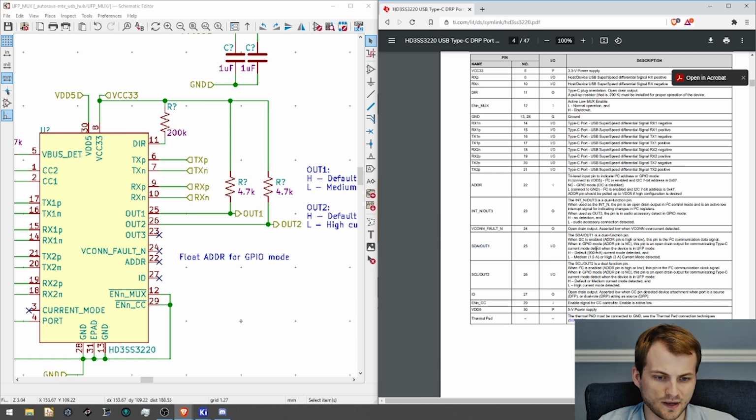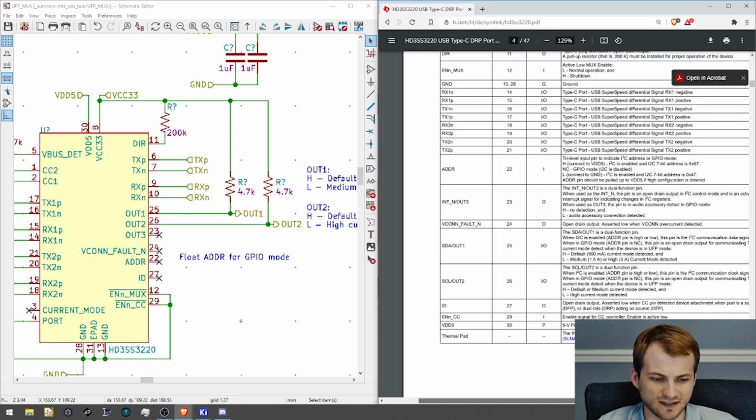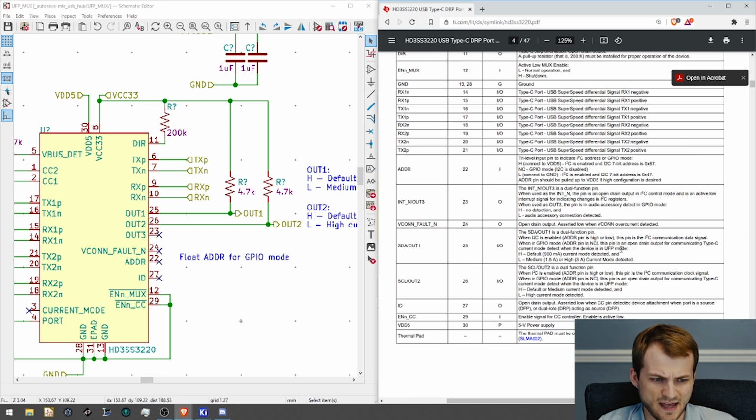For out 1, and I actually posted this in the Discord when I read it, they have a typo, or they don't really know what they're talking about. So if I2C is enabled, it's I2C communications, pull-up, good to go. If it's in GPIO mode, so the address is no connect, it's an open drain output for communicating the current mode detection when it's in an upwards facing port mode, which this is.